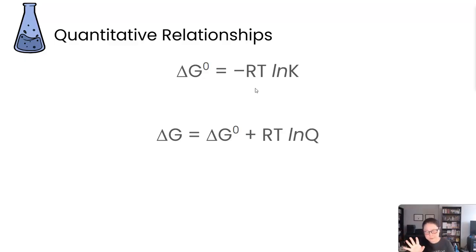Now, with this particular lesson, realistically, what are the things that you are going to be asked for? Why do you need to know this stuff? Well, the relationship between delta G and K, conceptually, you should be able to make sense of the fact that they are very much related to each other. And you should be able to predict what signs and value sizes are going to be in a more qualitative way fairly easily.